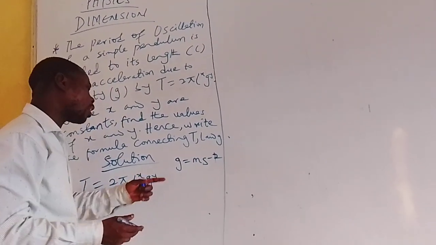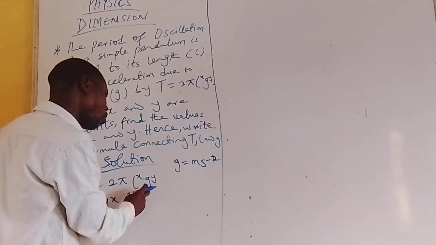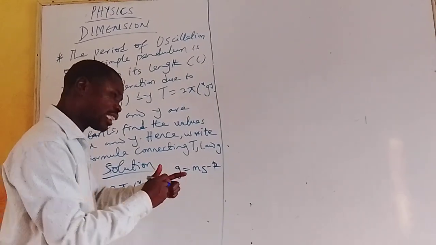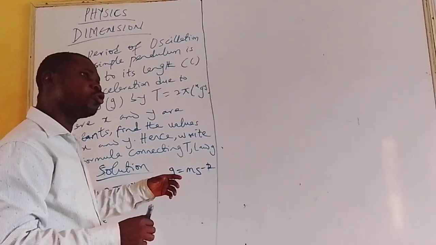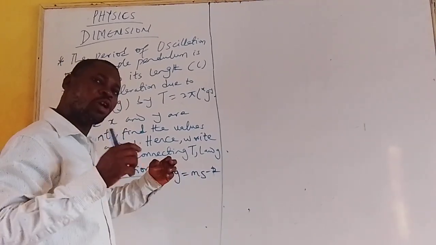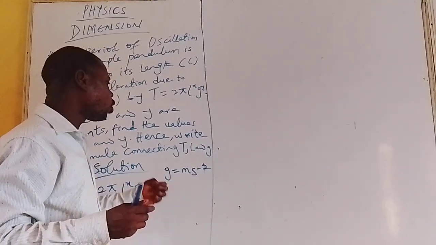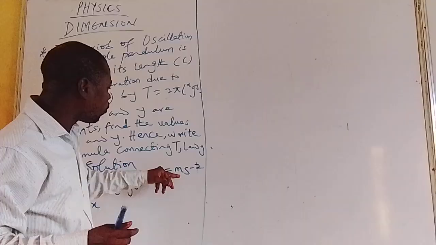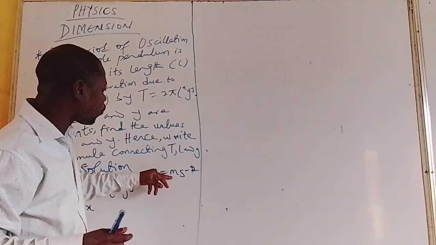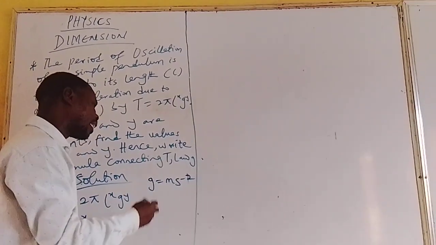That is the unit of acceleration due to gravity. So the next line of action is to write the dimensional symbol for G. How do we get the dimensional symbol? In physics, you can't do away with two things. It's either you know your definitions very well or your formula. From the formula, the definition or the unit, we can get our dimensional symbol.